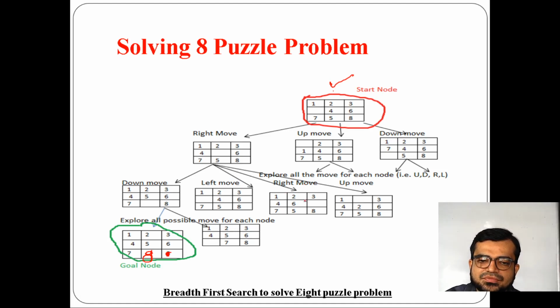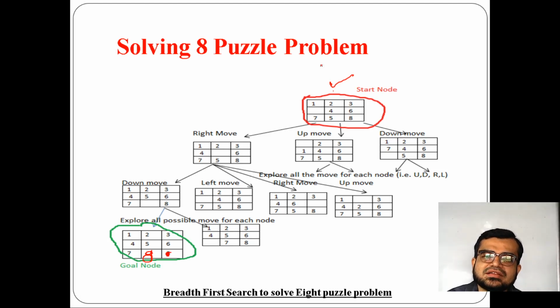This is how a tree is established based on the start node, the initial node. So there are 3 branch nodes of the given start node. That's why I have taken the 3 child nodes: right, up, and down.